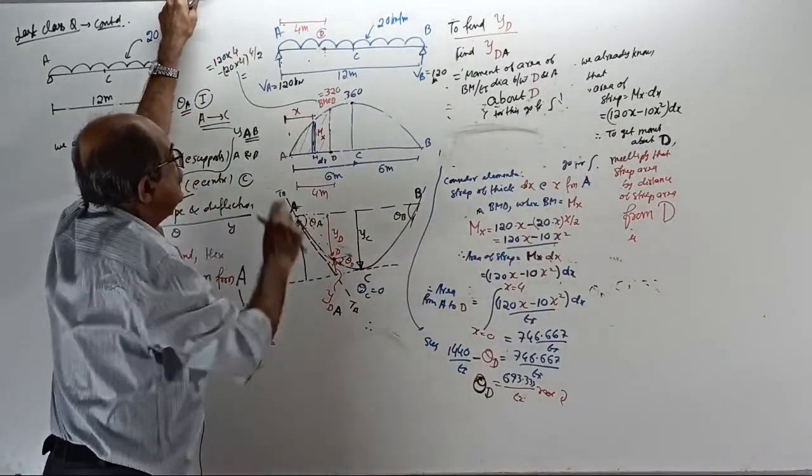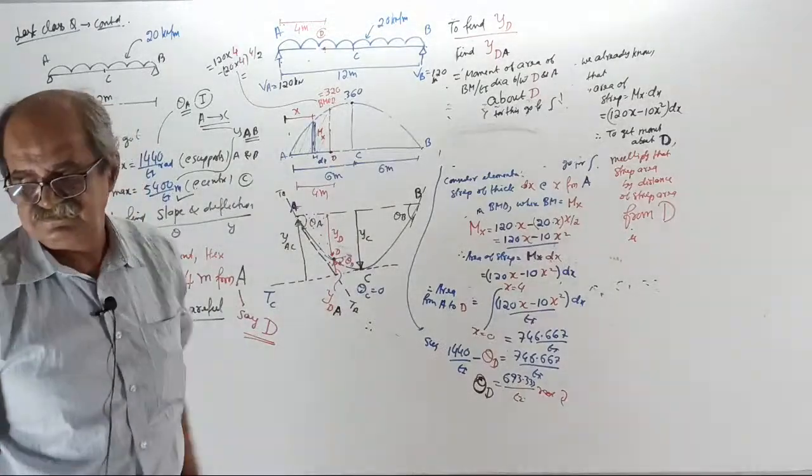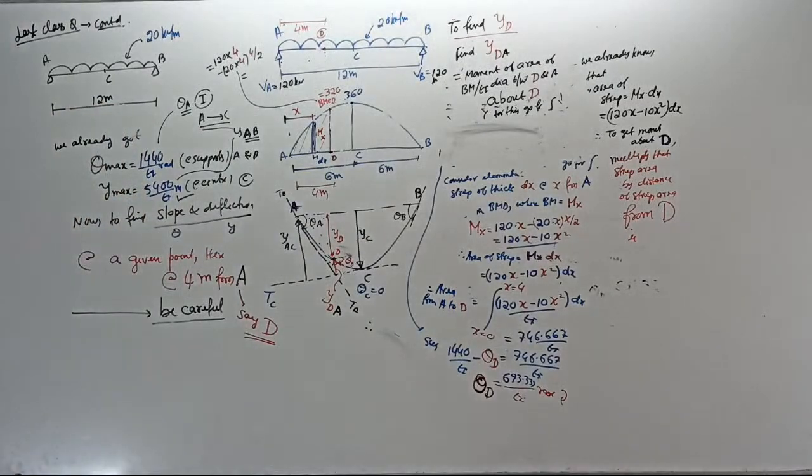Area into distance from D I want. But we want the moment about D. This is the one difficulty.